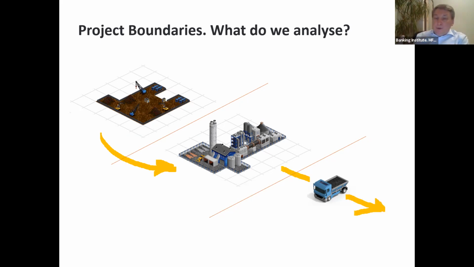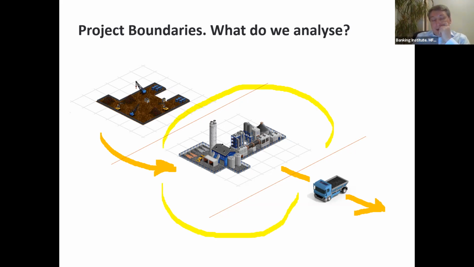Then we produce the cement, and then we deliver this cement to the users. So what should we include in the investments of this project, and where should we define our prices?